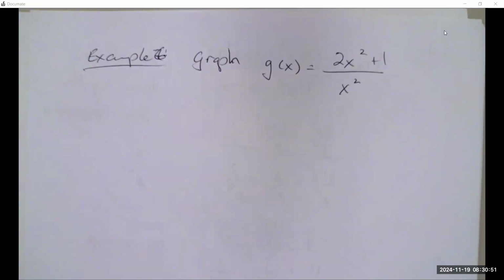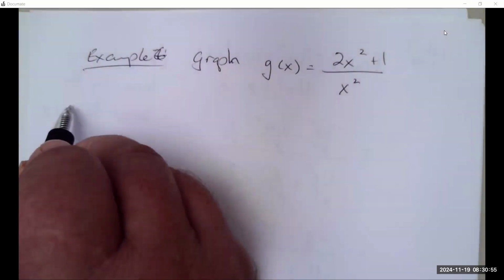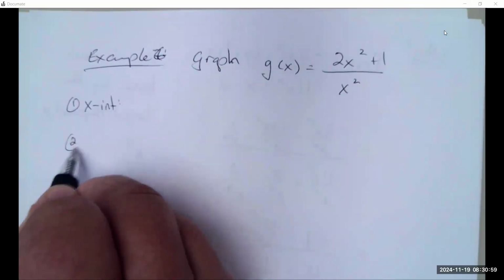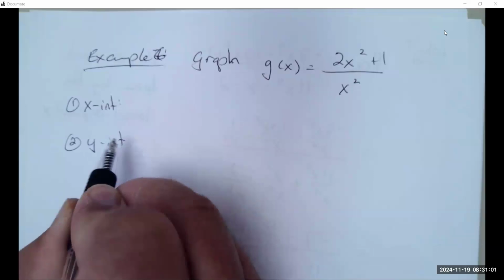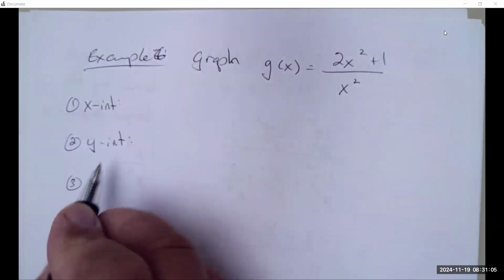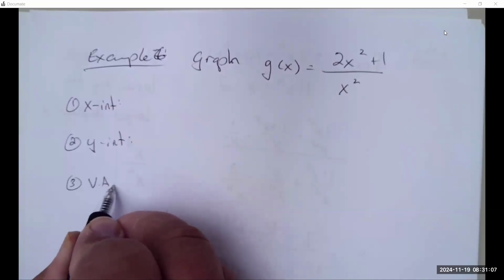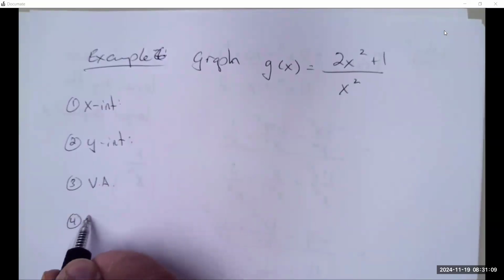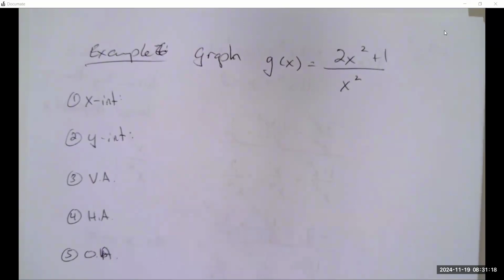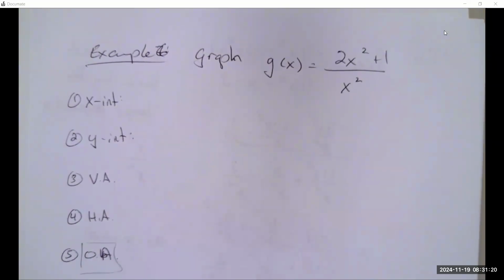There are actually 5 things we have to look for before we get started in graphing this. 1, x-intercepts. 2, y-intercept. 3, vertical asymptotes. 4, horizontal asymptotes. 5, oblique asymptotes. We haven't talked about this yet. That's next.